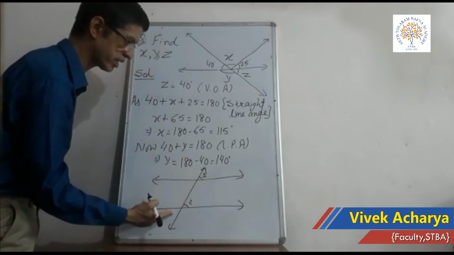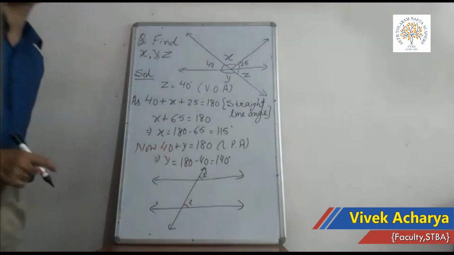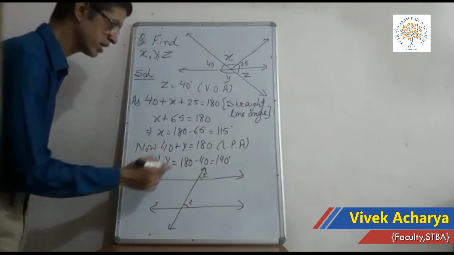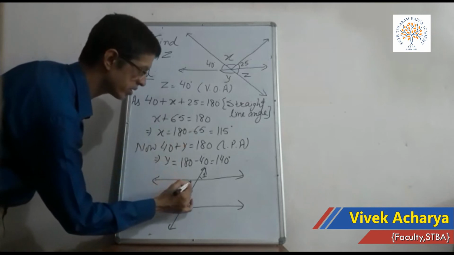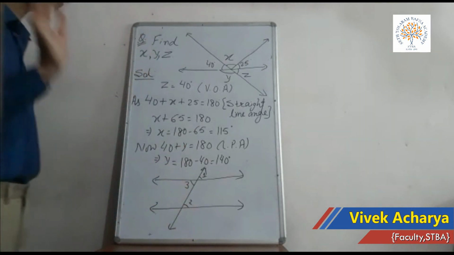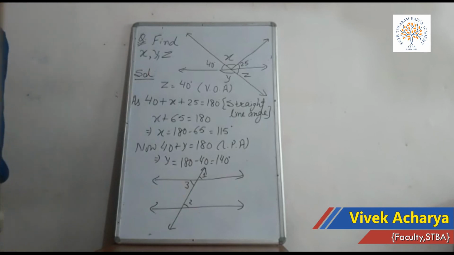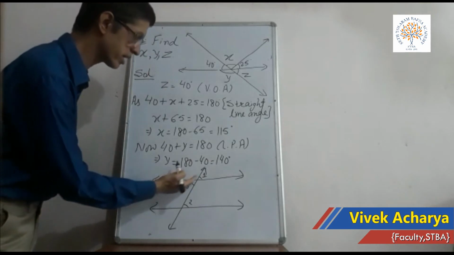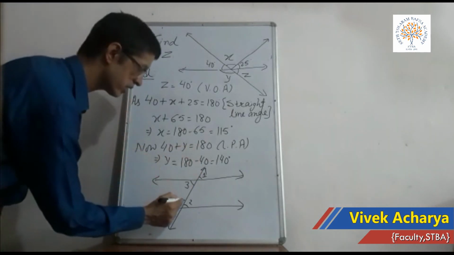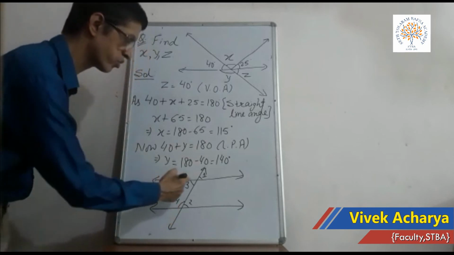The second type I explained in parallel lines is alternate angles. If I make any angle here, that is 3, then angles 2 and 3 are alternate angles, and the third one is vertically opposite angles, that is 3 and angle 1. And lastly co-interior angles: 3 and 4 are co-interior angles and their sum is 180 degrees. So this is the summary of the topic.